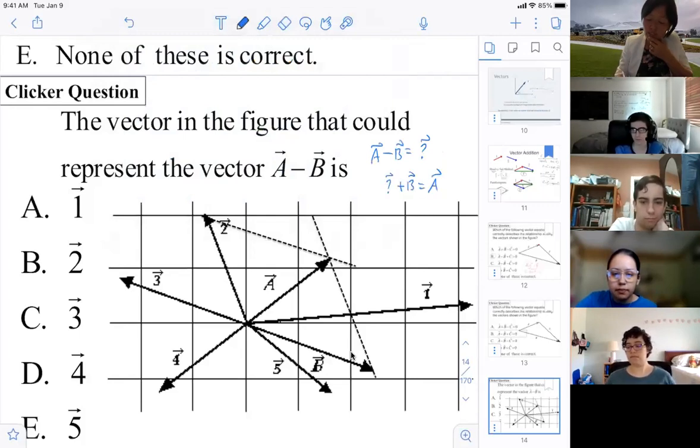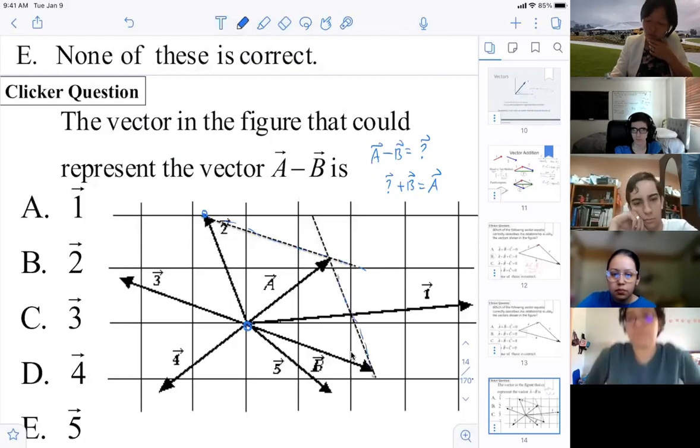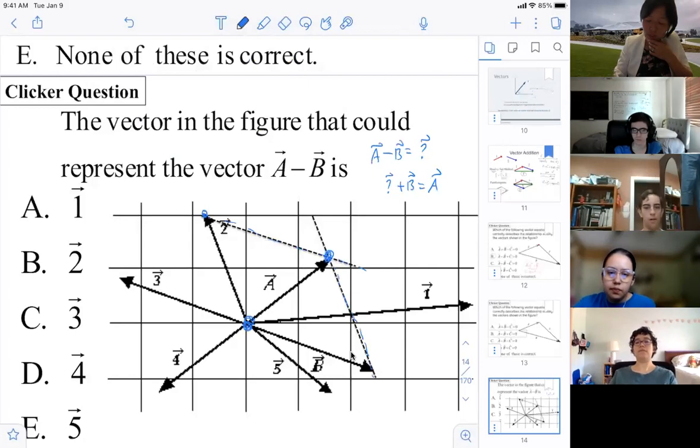And you can see that if I form a parallelogram from 2 and b, right? 2 and b are already touching at the tails, and you draw a dashed line from the head of 2 that is parallel to b, and then another dashed line that's parallel to 2, and then from where they overlap, you draw an arrow from the origin, and that's your vector a.